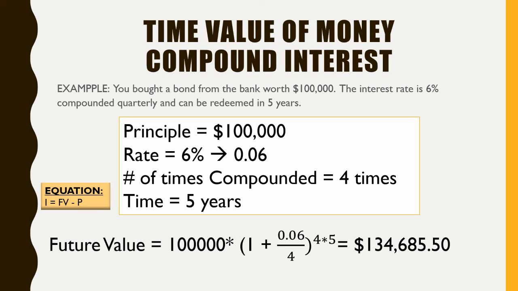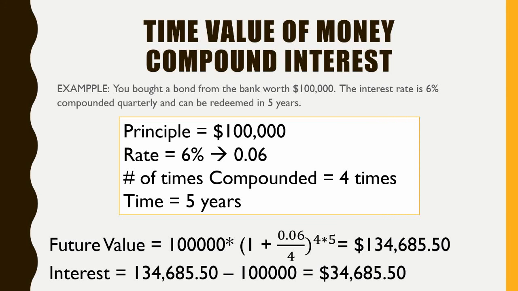And when you press enter, it should result in $134,685.50. Okay? And of course, when we want to solve for our interest, we take our future value minus the principal to get a grand total of interest collected of $34,685.50.